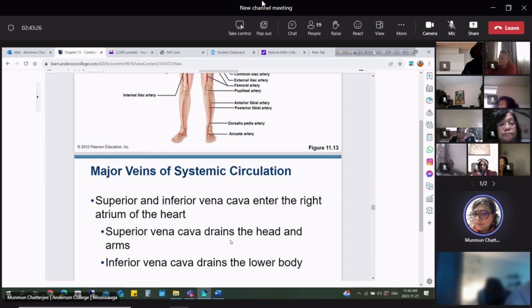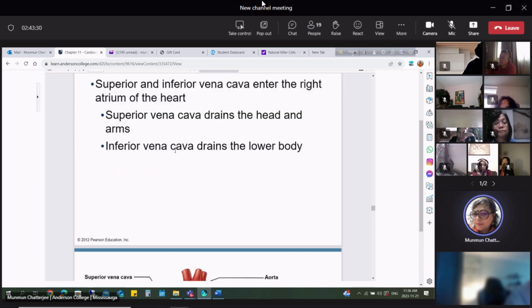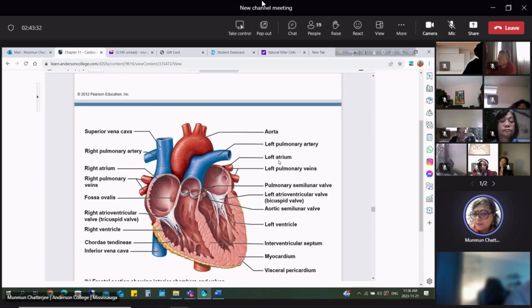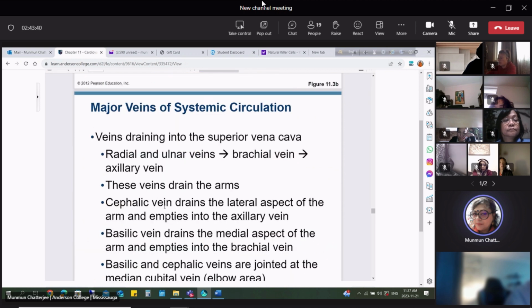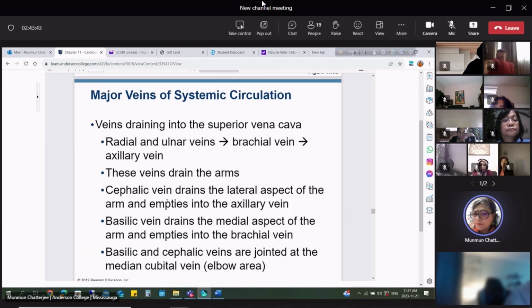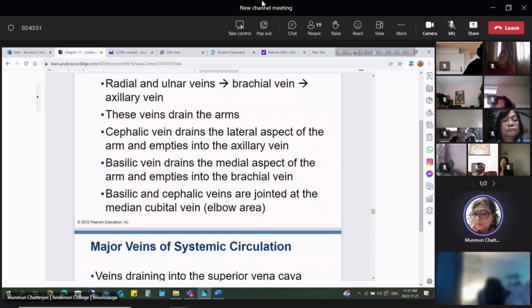That is the superior vena cava. I told you it's the upper part, head and arms, and the inferior vena cava is the lower body. This is the superior vena cava, left and right, and this is the inferior vena cava. The veins draining blood into the superior vena cava include the radial and ulnar veins.